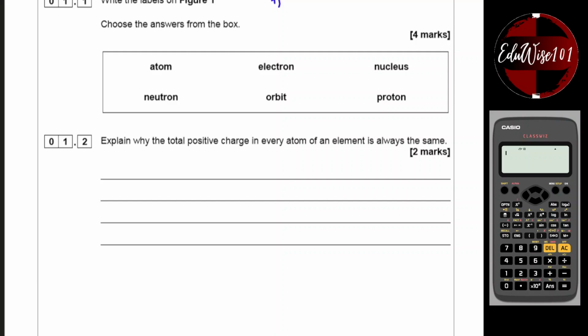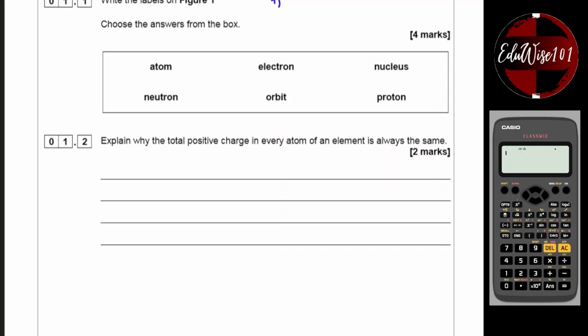Right. So question 1.2, explain why the total positive charge in every atom of an element is always the same. So for an element, we call an atom an element depending on the number of protons, right? The positive charge is actually coming from the protons. So if I take hydrogen gas, every single atom of hydrogen has just one proton.